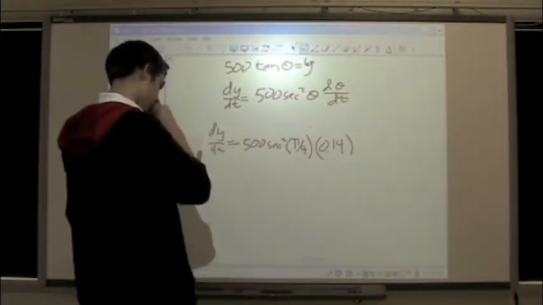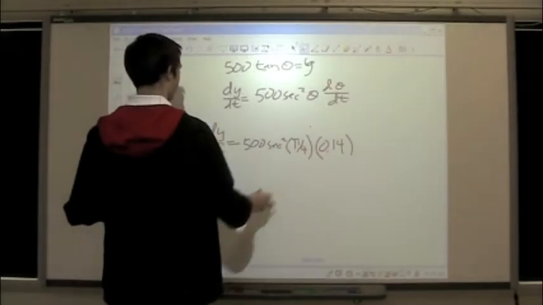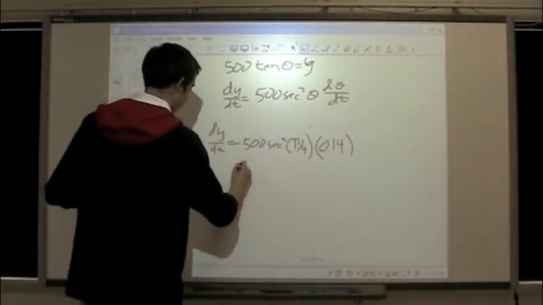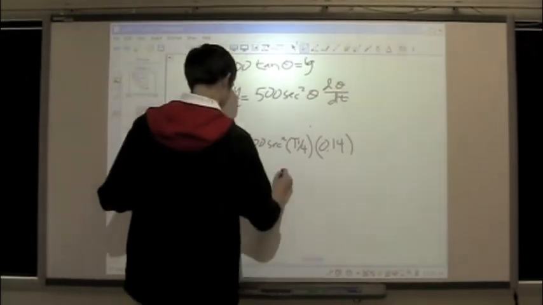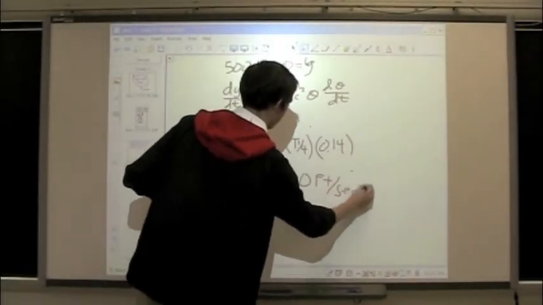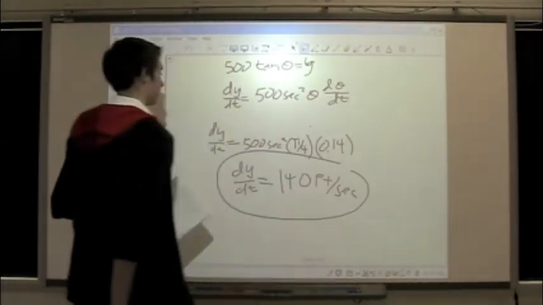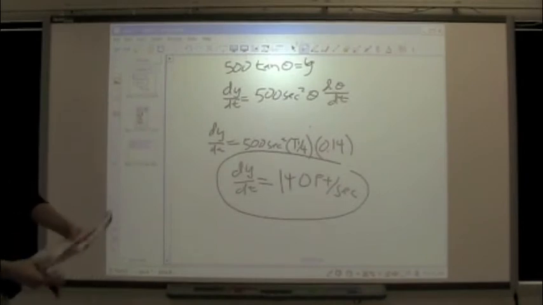So when these are all numerical values, you just plug this into your calculator and you'll get your final answer. dy/dt is equal to 148 feet a second. Okay. So that's the first example problem.